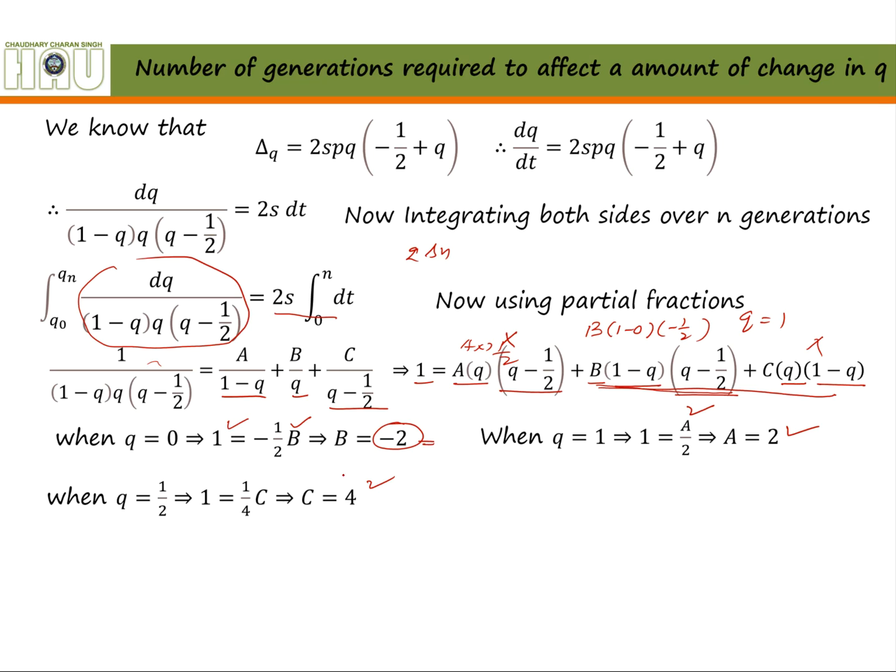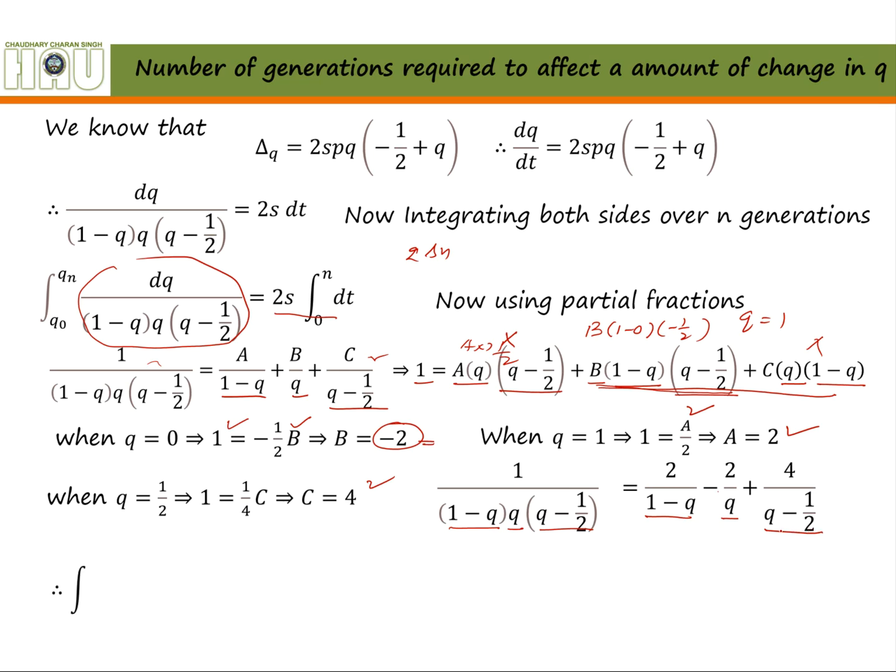Now, substituting these values of A, B, C in this partial fraction, ultimately we will get 1 divided by (1 minus q)(q minus half) can be written as 2 by (1 minus q) minus 2 by q plus 4 by (q minus half). Now integrate it.